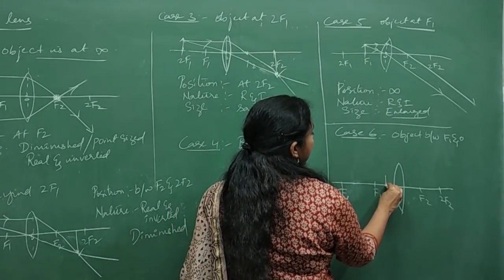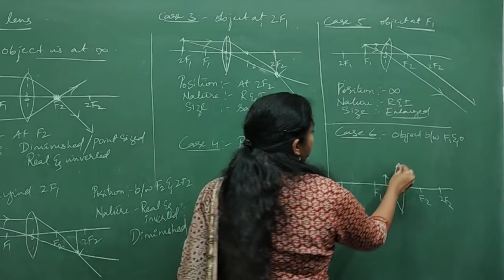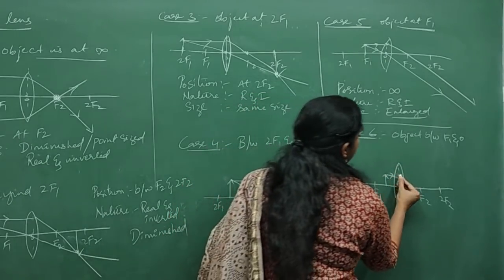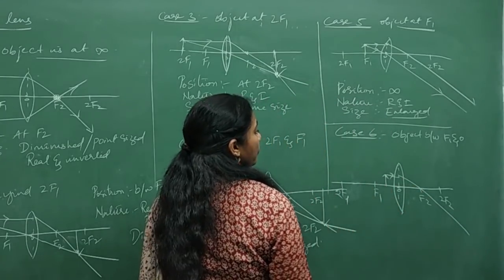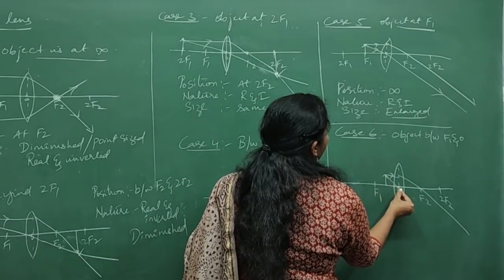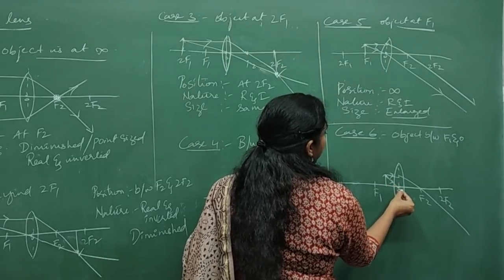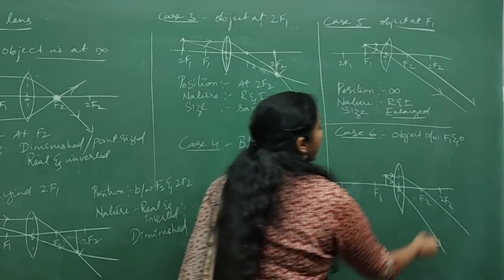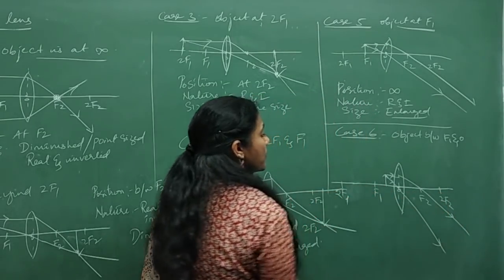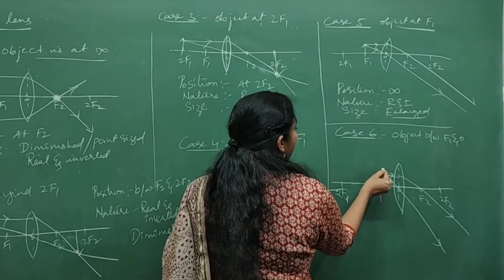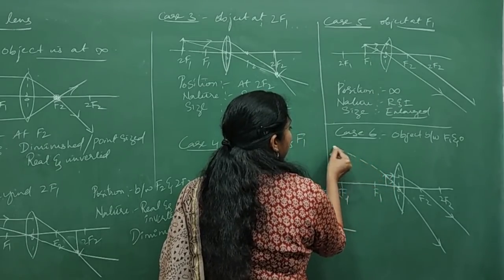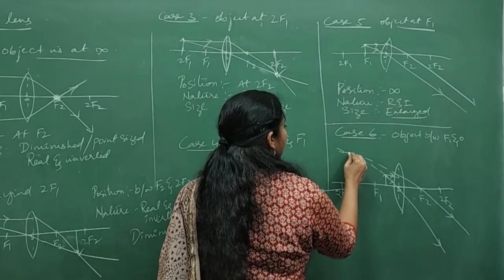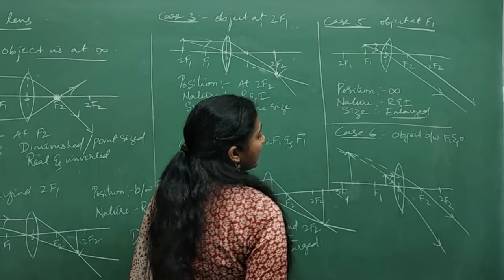And I am placing my object here. So how do I take? I take one incident ray parallel to the principal axis that would move on through F2, and I take another ray passing through the optic center, and that would move in this direction. They won't meet anywhere in the forward direction. So what do I do? I will project these lines backwards and see where they are meeting. Definitely they are meeting here, right?